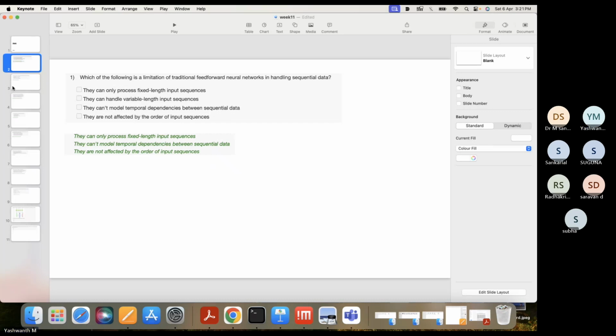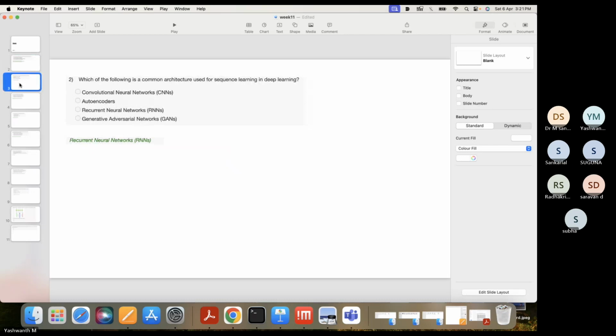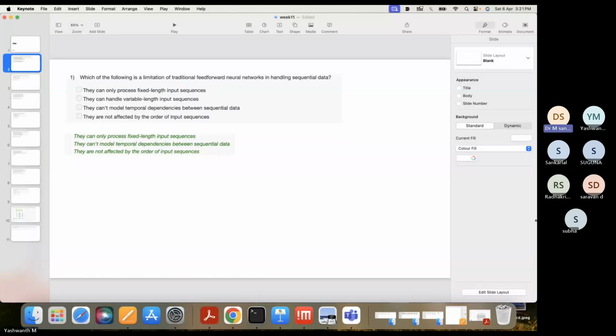Question. Can go to second. Which of the following is a common architecture used in this? Whether it is optimizable, sir? Which one? Previous question.